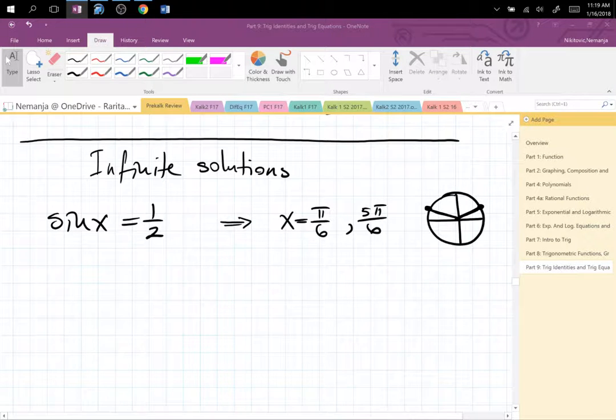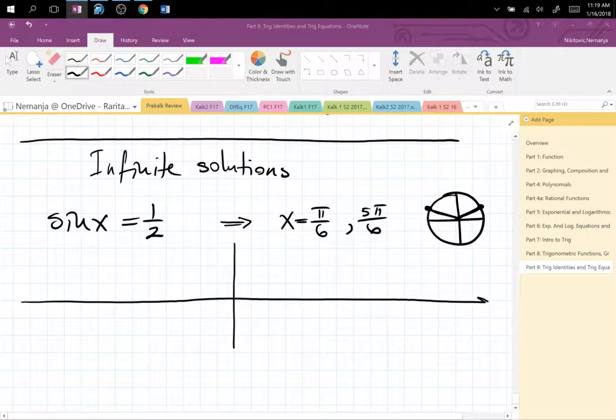Now, I want to make sure that you understand that I have to draw that introductory graph. That's one. Negative one. I know I'm not drawing this to scale, but at least we'll have a nice wave going.